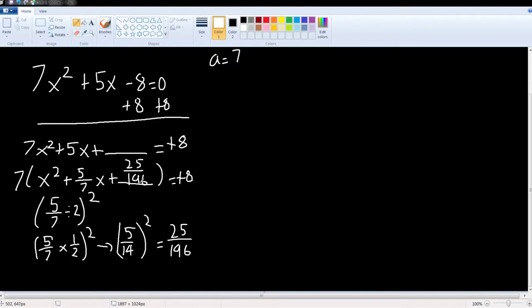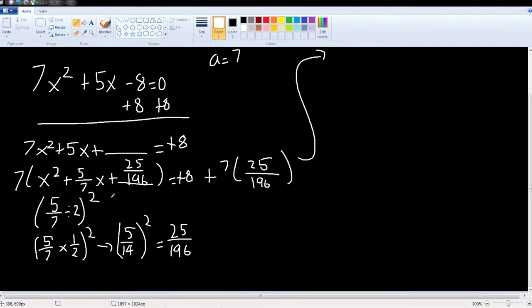And remember, whatever we add to the left side, we need to add also to the right side, but we also have to distribute the 7, since technically we're not only adding 25 over 196, but actually 7 times 25 over 196. So we'll add 7 times 25 over 196. Alright.